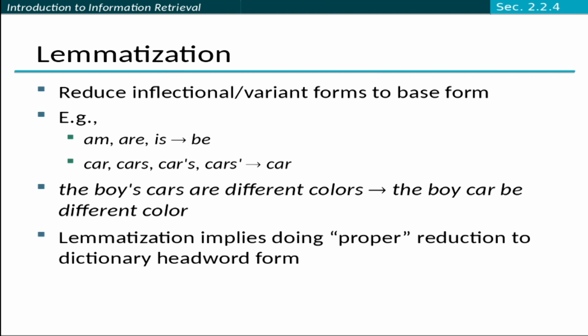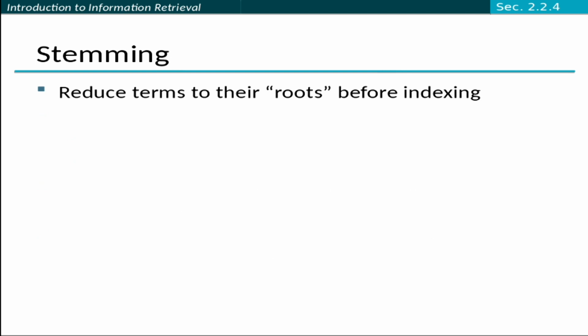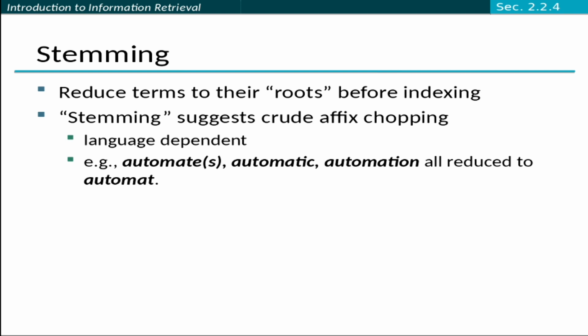Again, what we can do is reduce the terms to their roots before indexing by lemmatization. And then we have stemming, which is language dependent, and allows you to remove all the parts of our tokens that are not of interest. So in this case, automates, automatic, automation all have the same root, which is automat.